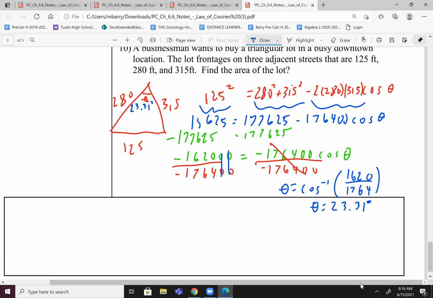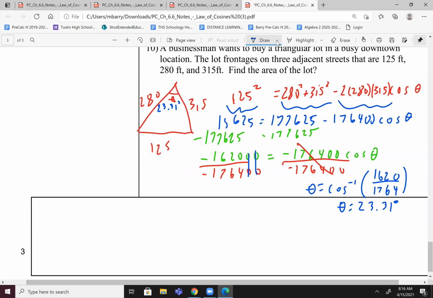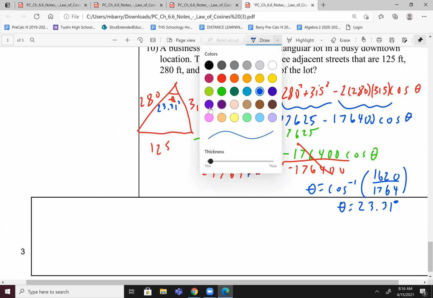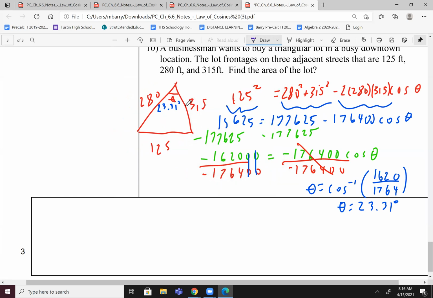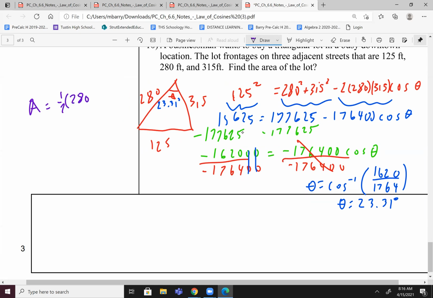Now, that's not my answer to this question because I wanted the area, correct? But now that I have the two sides with the included angle, I can use my area formula for a non-right triangle. So we learned area equals 1/2 a b sine C. I wouldn't really worry about which one we're calling a, b, and c.